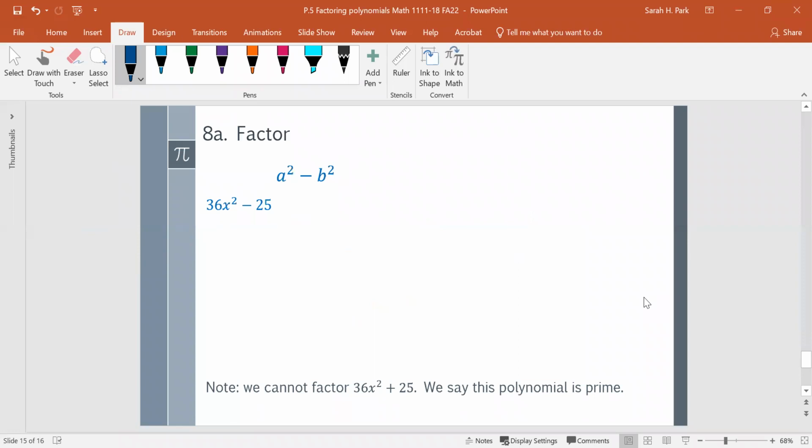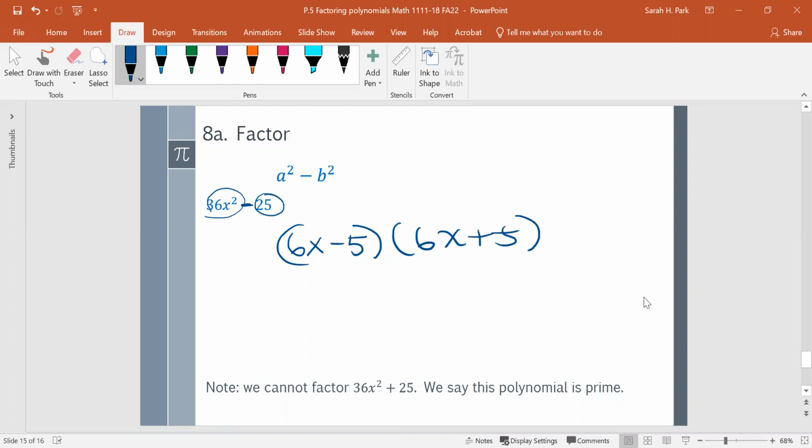Okay, let's take a look at 8a, factoring 36x squared minus 25. Again, if you have a perfect square and you're subtracting another perfect square, this factors out to 6x minus 5 and 6x plus 5. See, we don't have an x term.